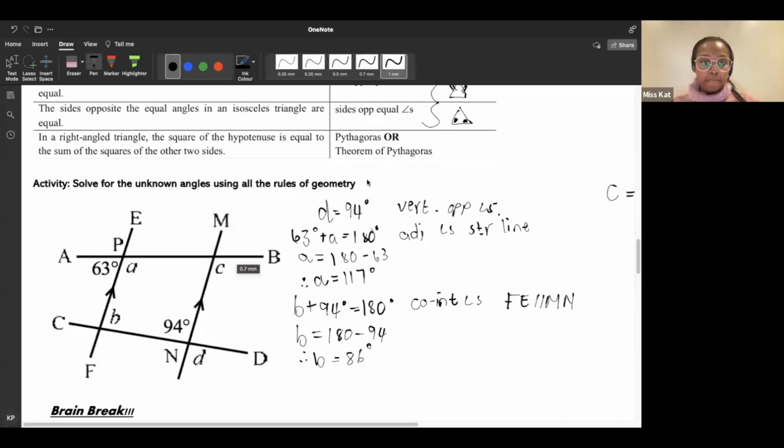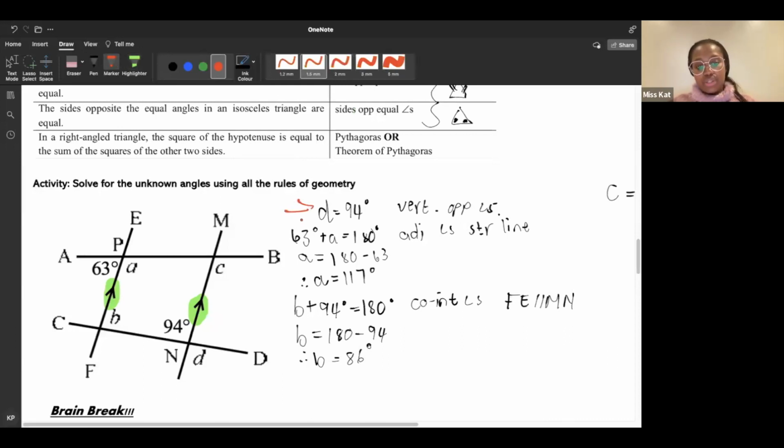Okay. In the middle, are A, C and D corresponding? No. AB is not parallel to CD. Remember, we need to look for these arrows on the lines. If those are not there, then they're not parallel. You can't get D that way. We already got D, didn't we? Didn't we start with D? Yes, there it is.